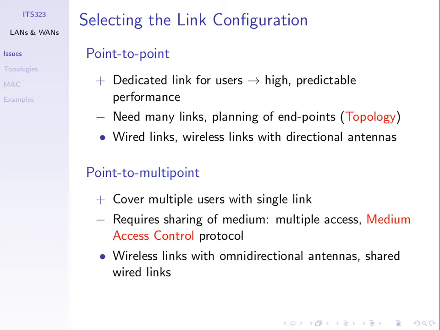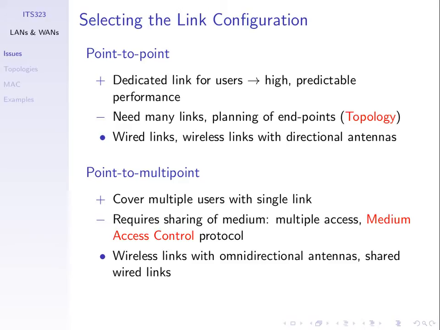So it's a dedicated link, meaning the performance for those two devices is generally high. It doesn't have to be shared with anyone else, the capacity, and predictable. So if I connect my two computers by a 1 gigabit per second LAN interface, then I'm pretty much guaranteed to be able to transfer at close to 1 gigabit per second all the time.